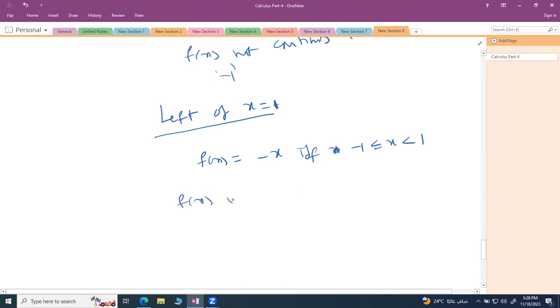So f of x is continuous to the left of 1.